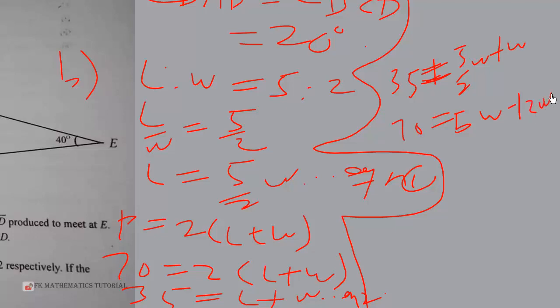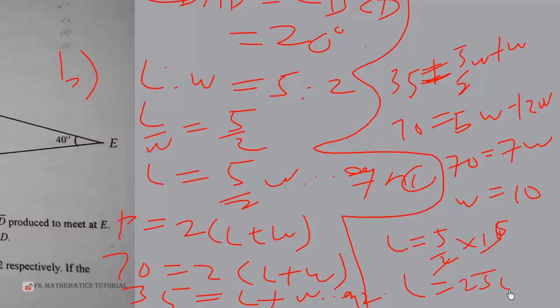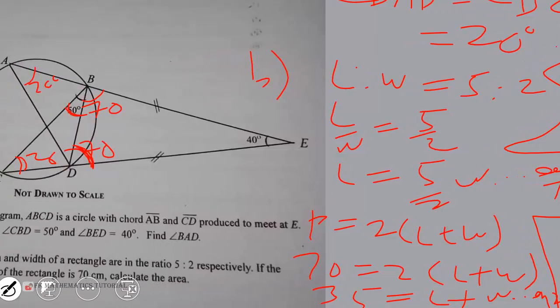So you get 70 is equal to 7W. So W will be equal to 10, and L will be equal to 5/2 times 10, which is equal to 25 centimeters. So the area of the rectangle will be equal to 25 times 10, which is equal to 250 centimeters squared.